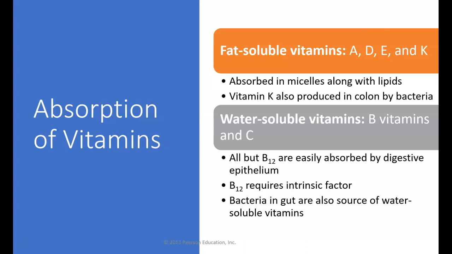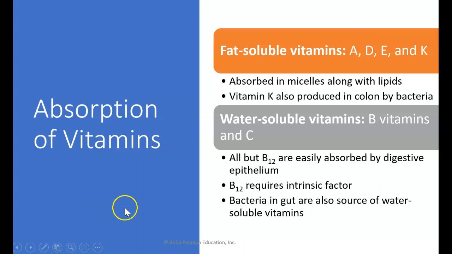Water soluble vitamins include your B vitamins and vitamin C. They are readily absorbed by the digestive epithelium, so they will just easily cross through into the blood supply. B12 is kind of an exception because it requires intrinsic factor that was produced in the stomach in order for absorption to occur. Bacteria located in the large intestines is also a source of water-soluble vitamins that can then get absorbed into the blood supply.